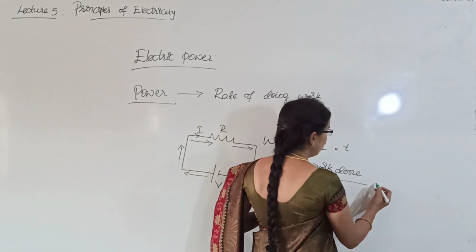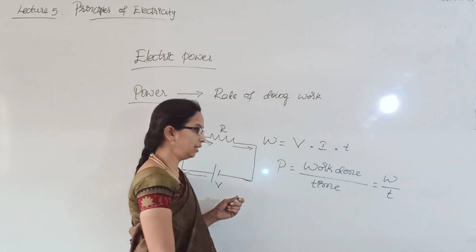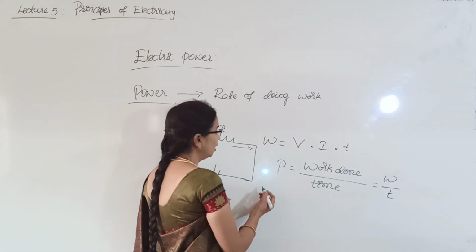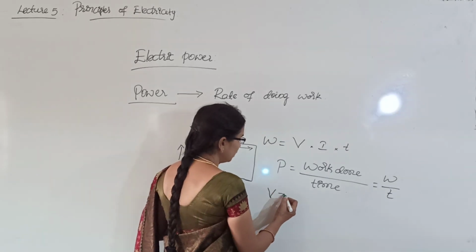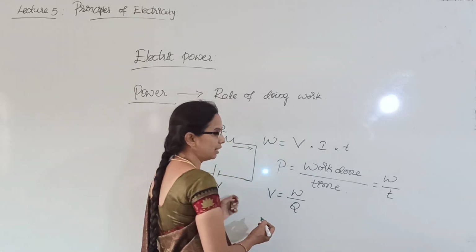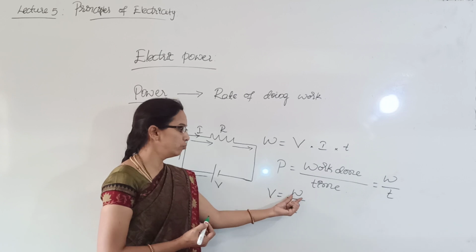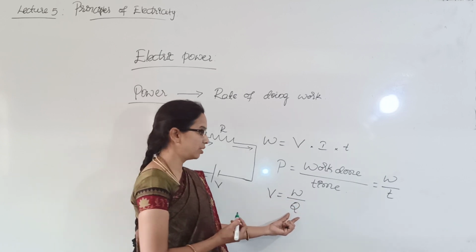See, if W amount of work is done in a time T, V can also be written as W by Q. That is, potential difference is nothing but work done by charge transferred.